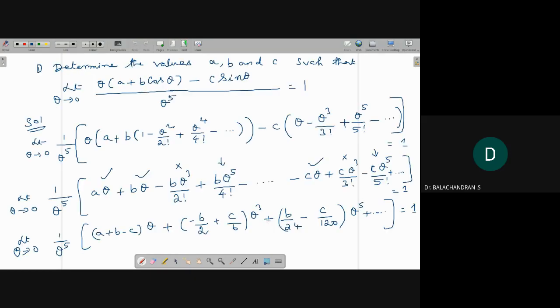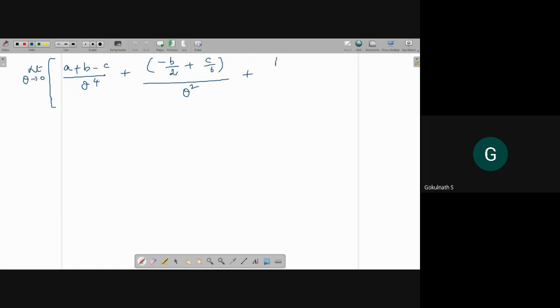Theta power 5 gets cancelled, so remaining you have B by 24 minus C by 120, plus some higher powers of theta, which is equal to 1.